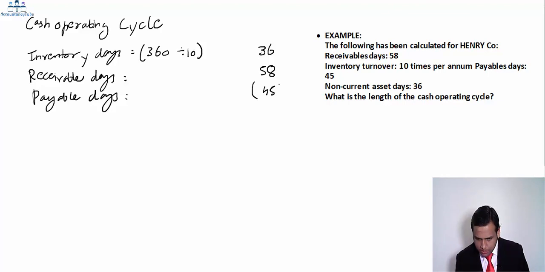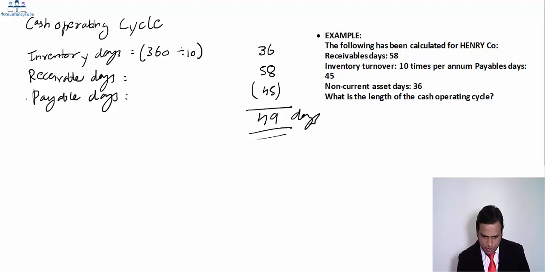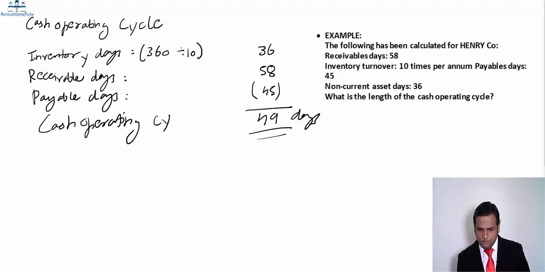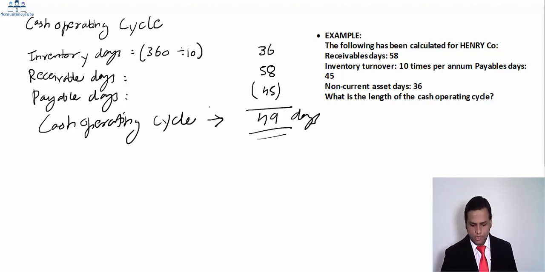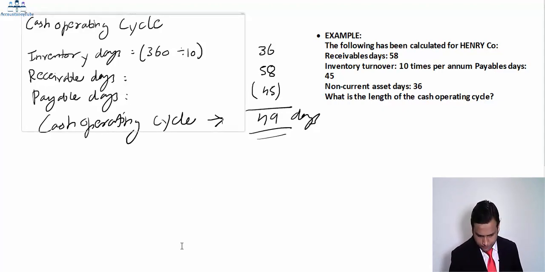And we are already given payable days over here, that is 45. All we need to do now is to compute them, and the answer becomes 49 days. This is our cash operating cycle of Henry Co.